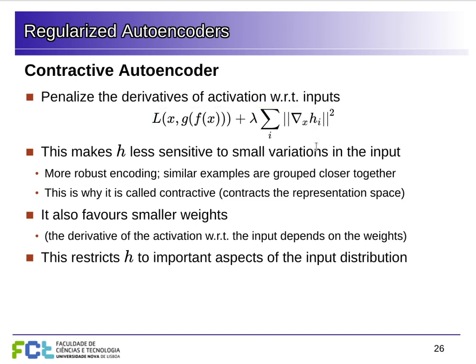So basically, we are computing how our hidden representation is changing as a function of the input, the derivative here, this nabla, and we penalize our autoencoder if these derivatives are large, and we force the autoencoder to learn representations that are robust, are less sensitive to small perturbations in the input.